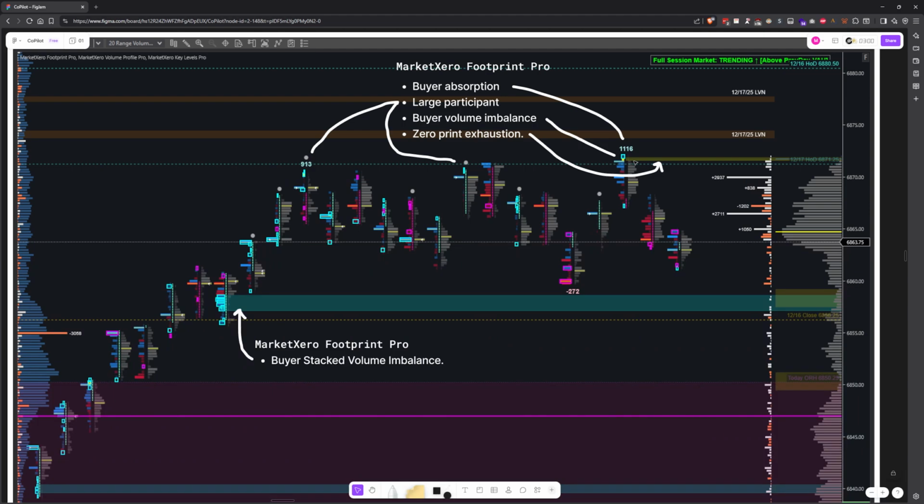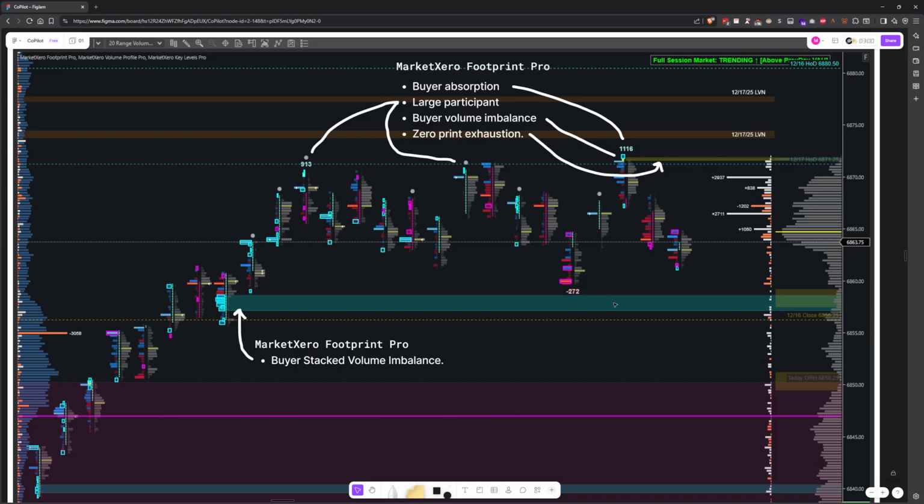So there was a zero print, indicating in this instance exhaustion, especially because we have the absorption here and a key level, which is the high of day from yesterday. All these were able to be leveraged to help take a short off of this failure at the high of day.